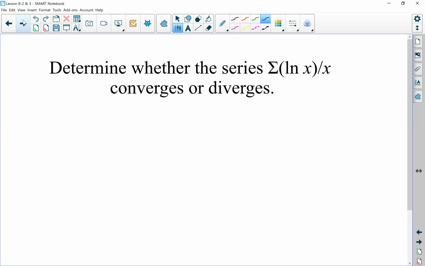So determine whether the series ln of x divided by x converges or diverges. So this one, we would go from 1 to infinity. Look at the integral. Now, technically, the sum, I probably should have said ln of n divided by n.